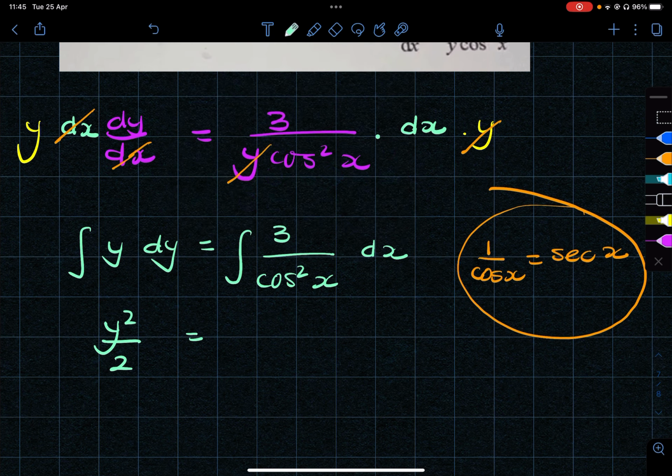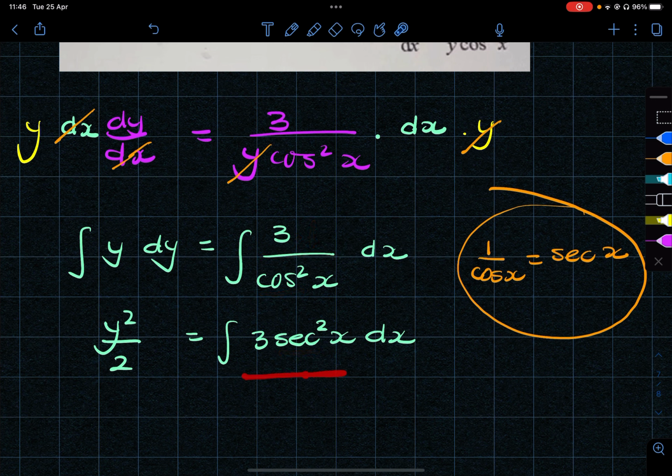So we can rewrite our integration as 3 secant squared x dx. So the 3 remains as it is. Imagine there's a 1 here, so 1 over cosine is secant, and because it's squared, it's secant squared.